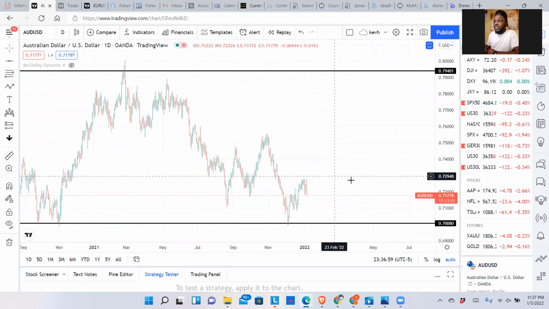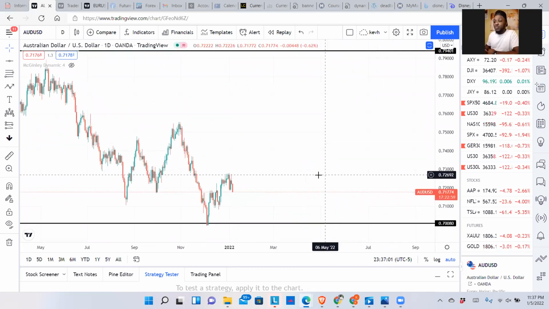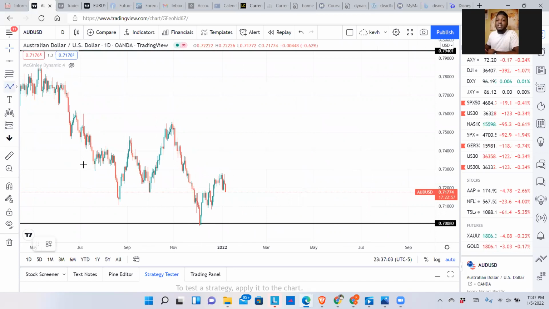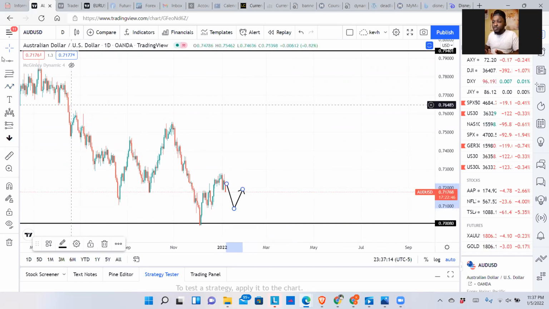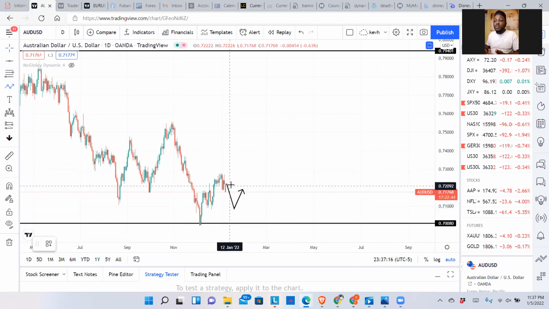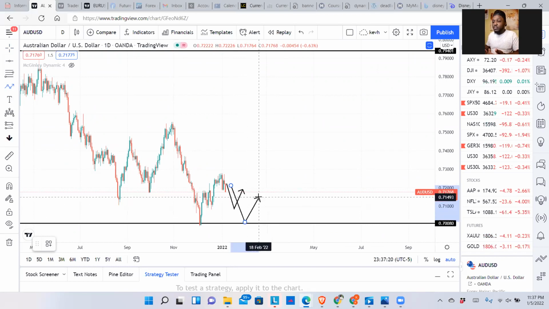Okay, so there's a couple of things that we are watching out for. Already you're starting to form an opinion. There is a chance that this market is likely either to drop down to this level and push up, or you might see this market drop down to this level and push up, right?